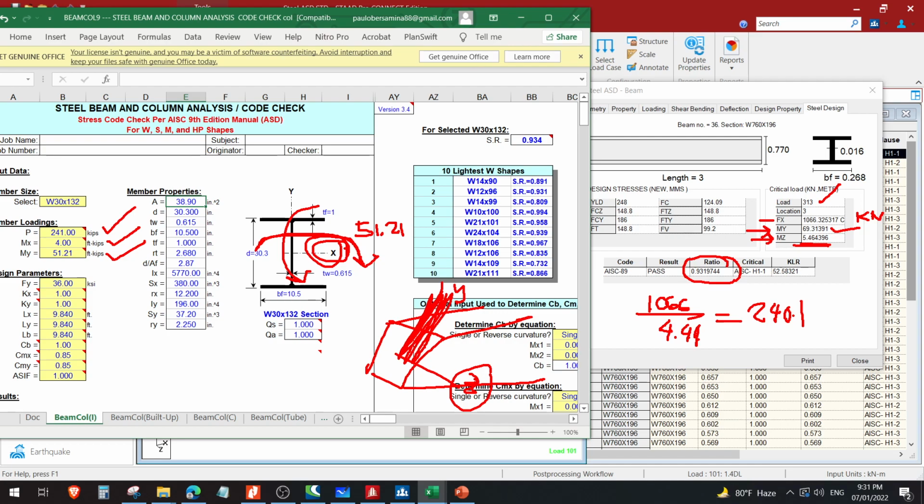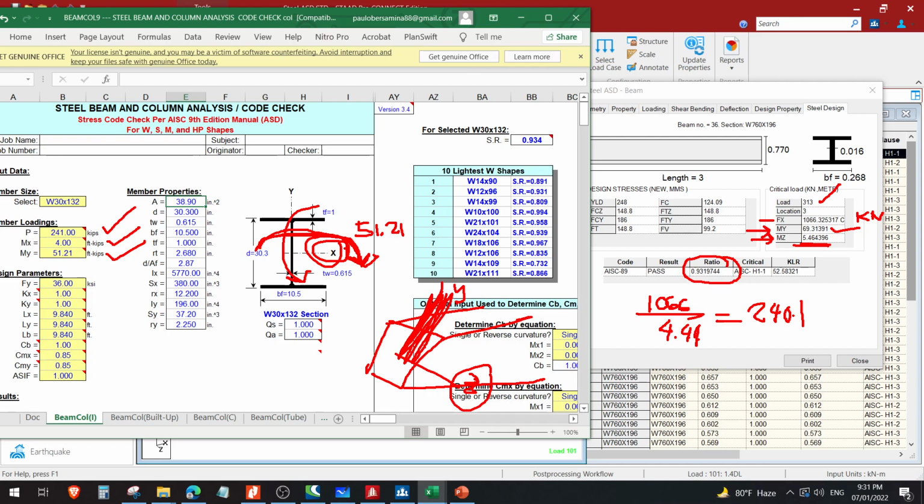Okay, so yun yung maganda, no? Pag alam mo yung may manual way ka of checking yung forces, no? Sa spreadsheet na nare-realize mo bakit tumataas yung demand capacity ratio sa design. And that's it. That's the main reason nag-absorb siya ng malaking force sa weak axis. Maliit yung capacity niya sa weak axis.